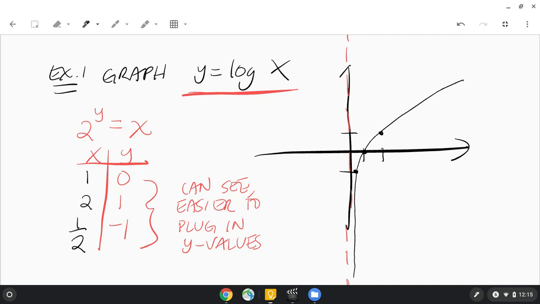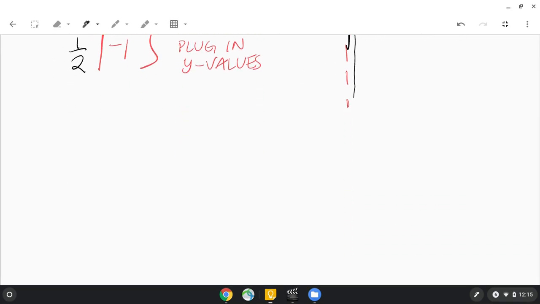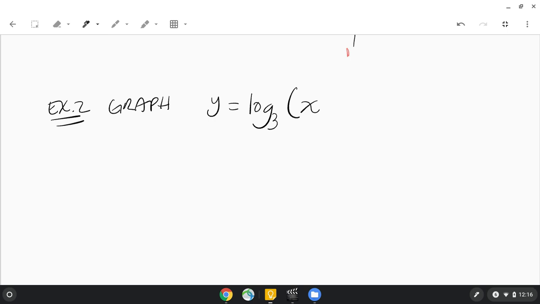So let's take a look at one that has some shifting. Let's go ahead and graph y equals log base 3 of (x minus 1) plus 2.